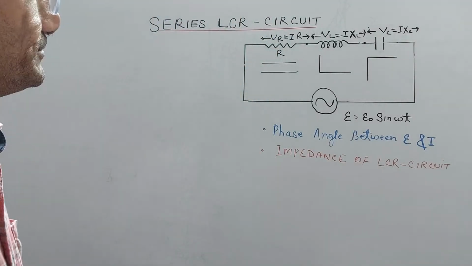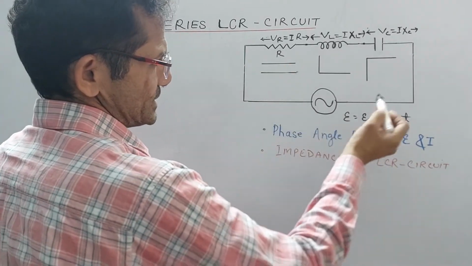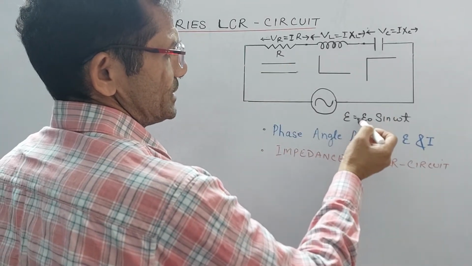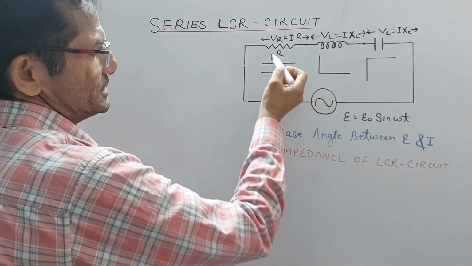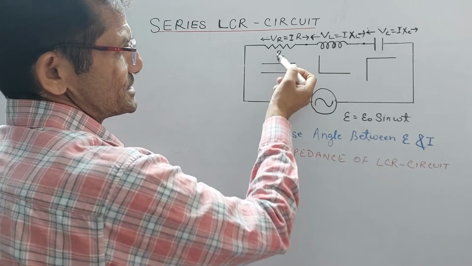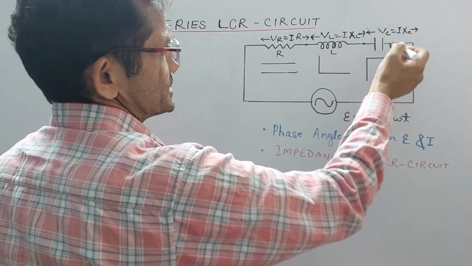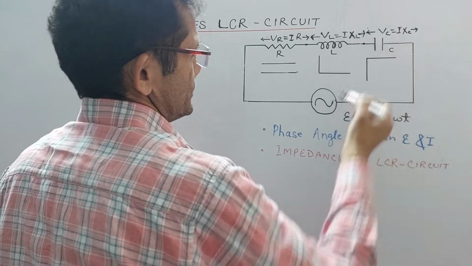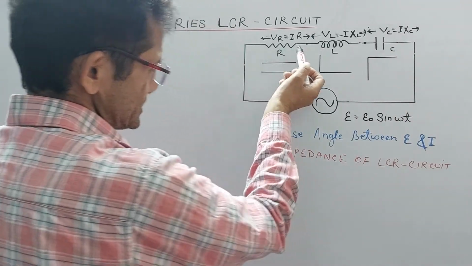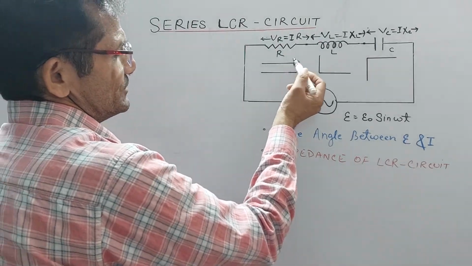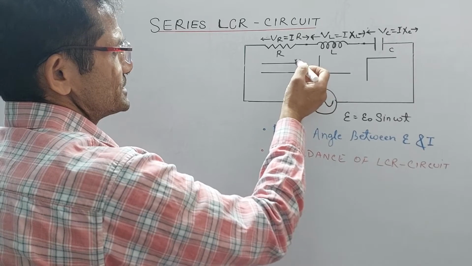So let us start. Suppose this is the applied voltage across this LCR circuit, which is E is equal to E naught sin omega t, and we have three circuit elements: resistor, this is our inductor, and this is our capacitor C. We already know that when there is only one circuit element, that is the resistor, the voltage and current are in the same phase.